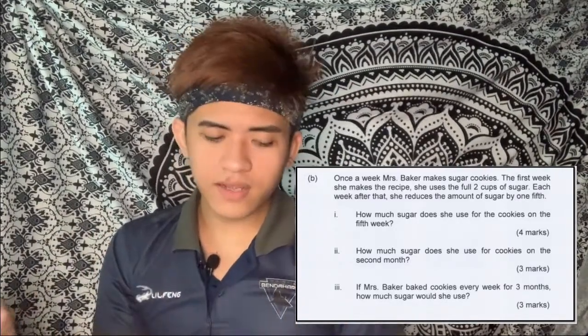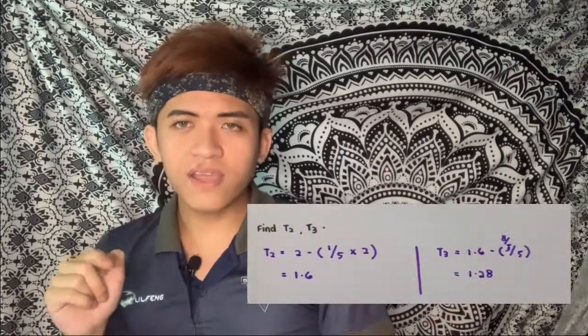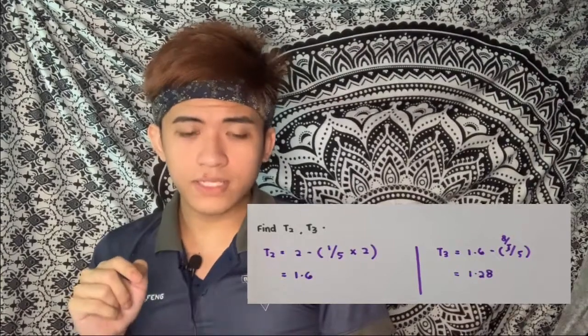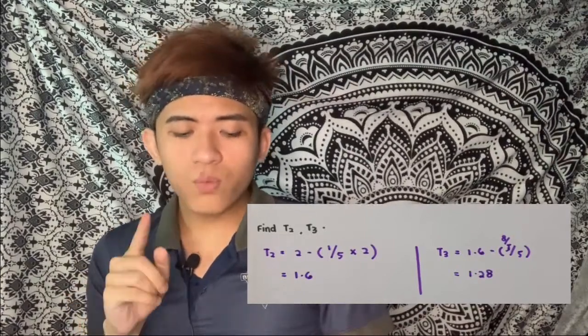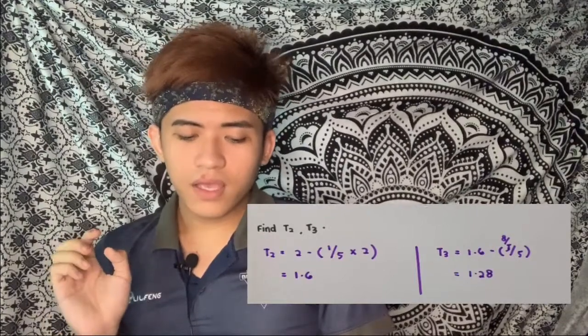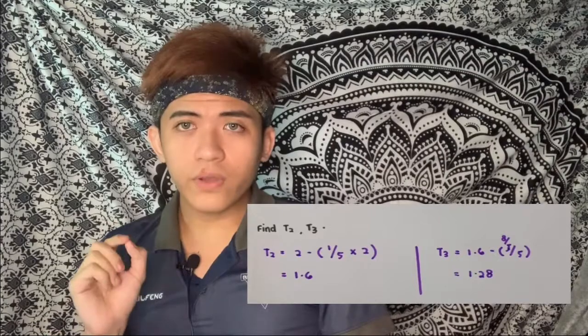R we can't find yet. A is equal to 2, and T1 is also equal to 2. So we need to find T2 and T3 first so that we can find R. T2 is equal to 2 minus (1 over 5 times 2), and the answer for T2 is 1.6. For T3, 1.6 minus 8 over 5, and the answer is 1.28.